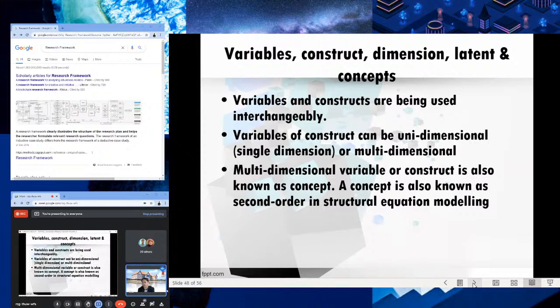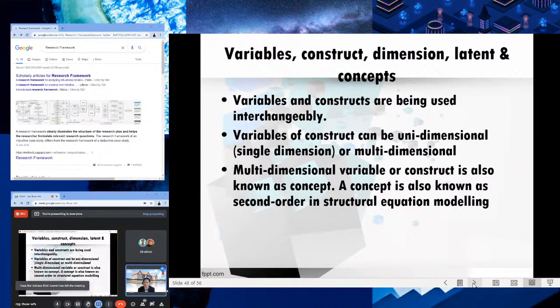For a basic understanding, or to differentiate all this, variable and construct are used interchangeably. That means you can use variable and construct in many ways. Variables or constructs can be unidimensional, single dimension, or multi-dimensional. When you develop the variable, the construct and dimension, this is the concept you need to understand.